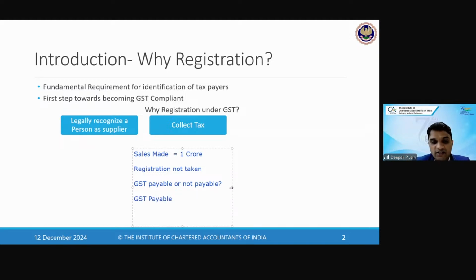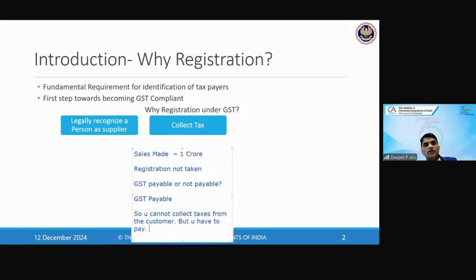Now you're not registered, so you cannot collect or recover taxes from the customer. But you have to pay. Your liability doesn't vanish by registration or no registration. Your liability still is sacrosanct.